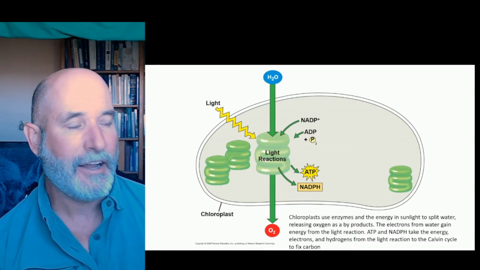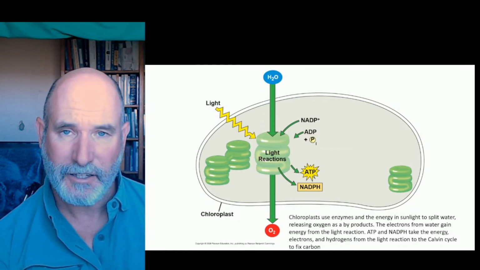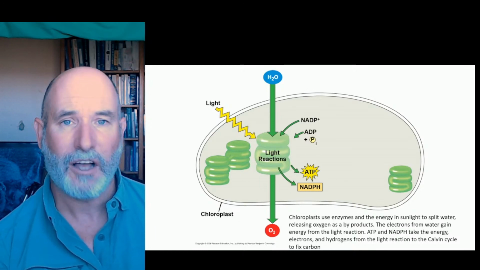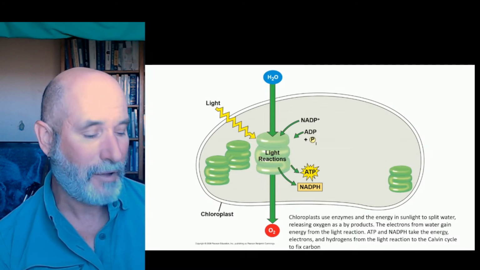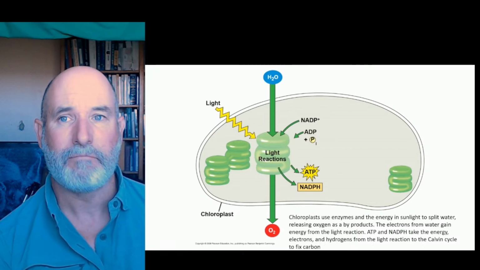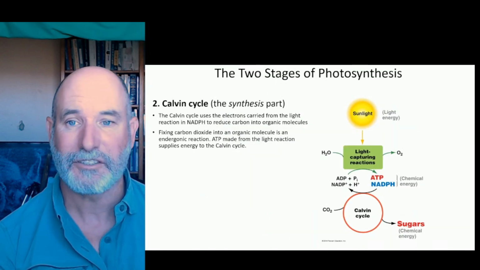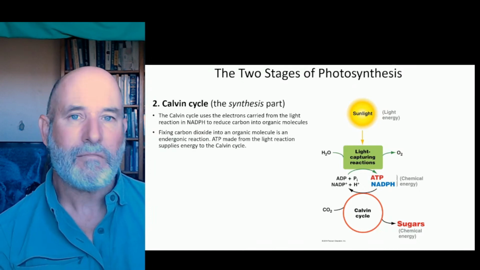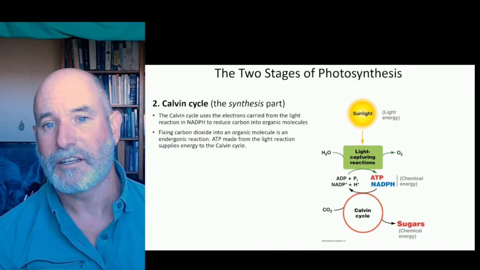And remember, NADP is very similar to NAD and NADH that we see in cellular respiration, except the one with the phosphate group on it is a very strong molecule, used in a lot of anabolic reactions, especially where reductions are needed. So it's used not just in photosynthesis.